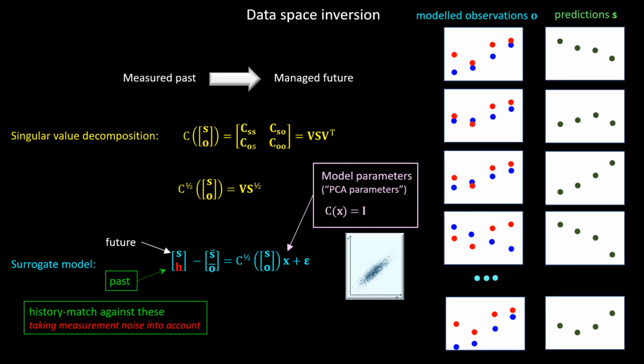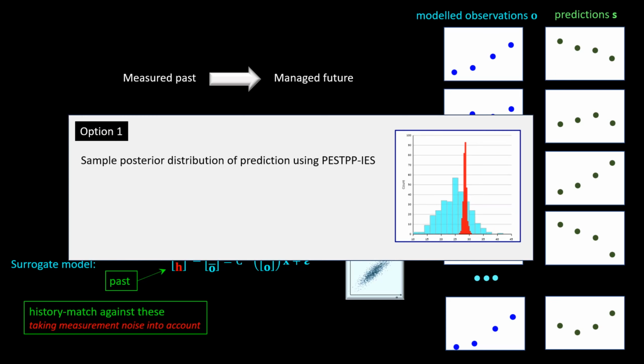So how do I history match this simple little statistical model? There are a couple of options here. Both of them are exceptionally easy and extremely numerically fast. Option 1 is simply to use PES.